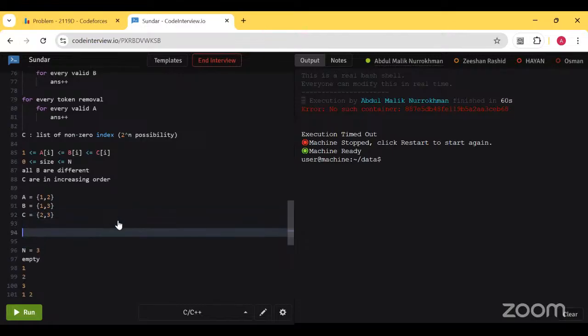What does it mean? It means A is actually 0, 1, 2, B is 0, 1, 3. Okay. So this one is a valid configuration, right? Or for example, this is 1, 1. Like this, this one is a valid configuration. Okay. Is it understood?